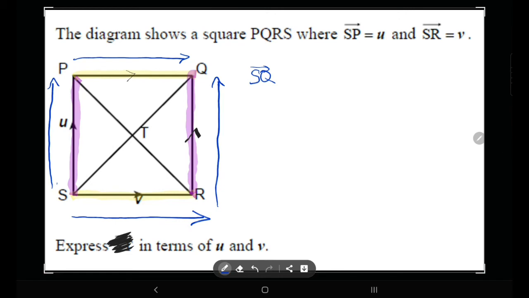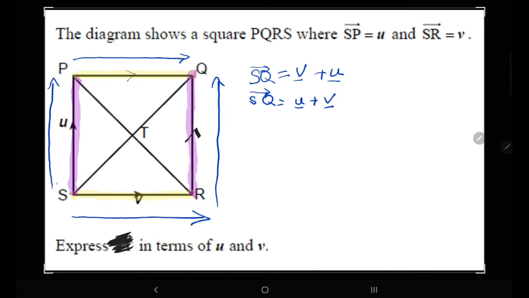Does it make a difference? Well, I've told you the answer is no, but let's think about actually in practice. So we have S to Q is going to be V, because you've gone along, and then up, U. So it's going to be V plus U. If you went the other way and you first went to P, then what we have is U, and then we go along, V. And they're not the same, or are they?